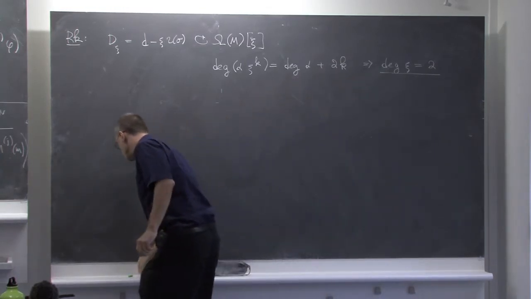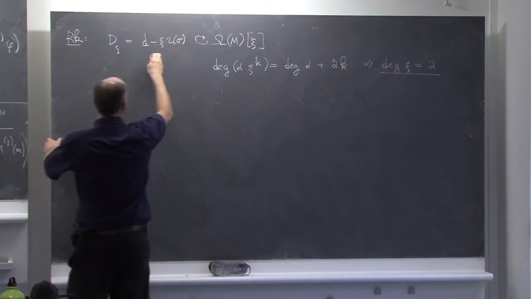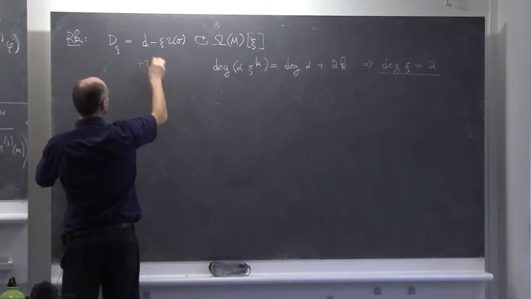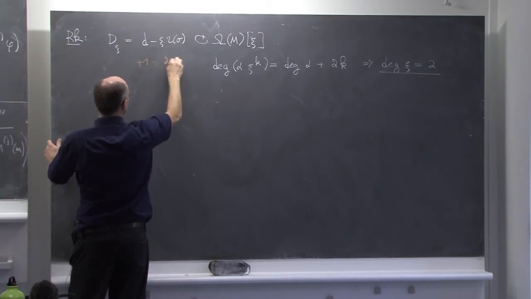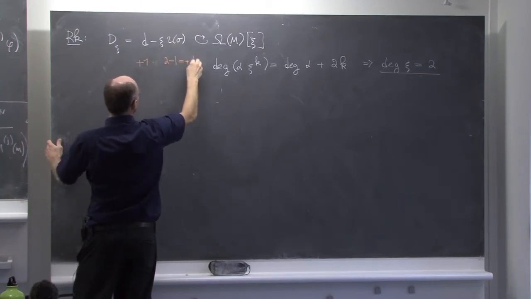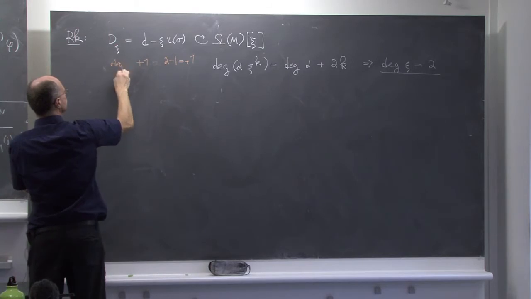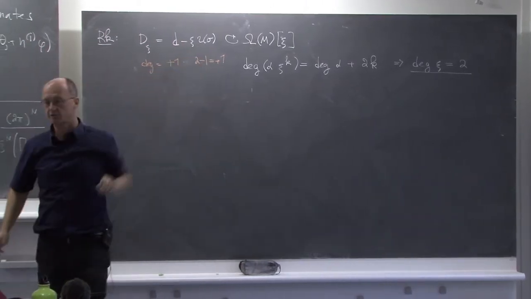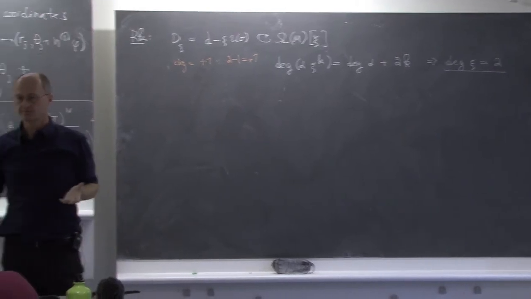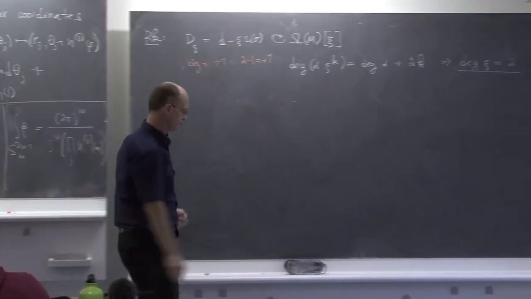This sounds strange, but on the other hand, what happens here? The degree is plus 1, and here the degree is 2 minus 1, also equal to plus 1. So then this operator is again a homogeneous operator of degree plus 1, which certainly sounds nice.